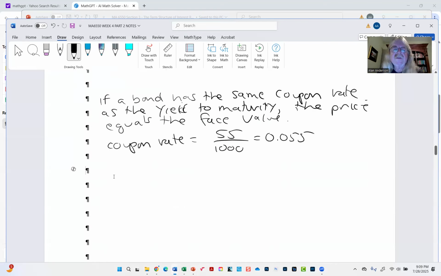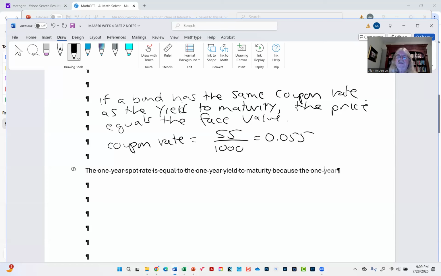So the 1 year spot rate is equal to the 1 year yield to maturity because the 1 year bond is a zero coupon bond. So the first two will match.